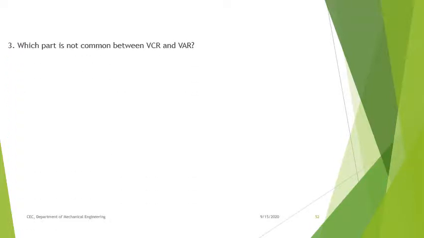Which part is not common between VCR and VAR? Compressor, condenser, throttling valve, evaporator. VCR means vapor compression refrigerator and VAR means vapor absorption refrigerator.